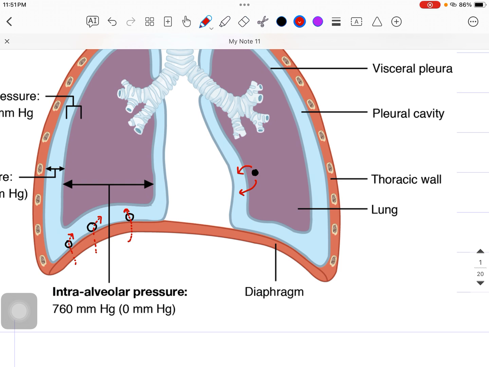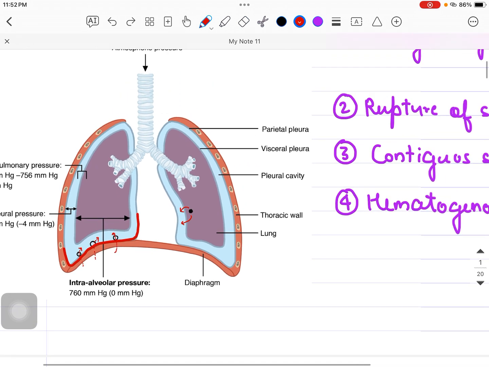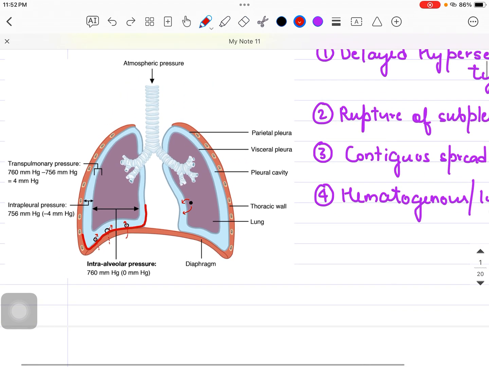Then there could be rupture of subpleural foci. So here we can see that this is the pleura, right. Okay, so we know that there is a parietal pleura and the visceral pleura. So this is the parietal pleura, and this one is the visceral pleura probably. Okay, so here what we can see is that there is some kind of subpleural foci which may rupture.